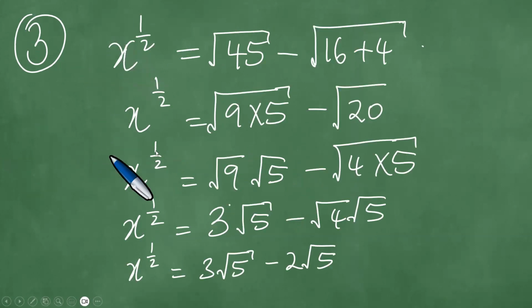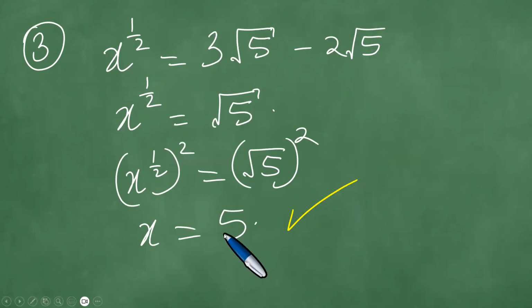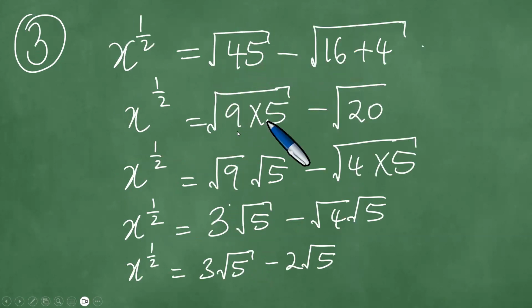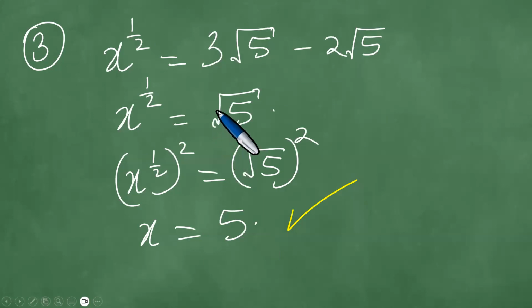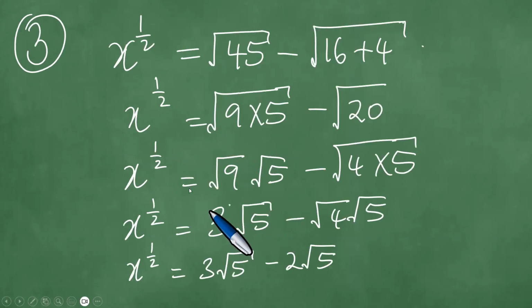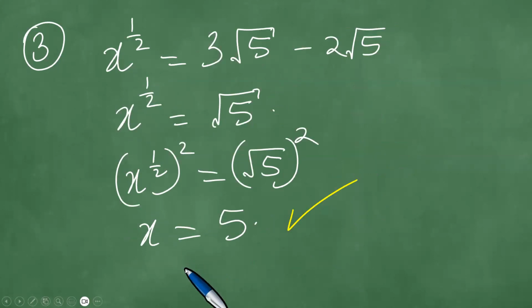We simplified the right-hand side, and we got the square root of 5. When we simplified all these radicals, we got the square root of 5. And now if you put 5 in the place of x, it becomes 5 to the power 1/2. And 5 to the power 1/2 is the square root of 5. And this is the square root of 5. Okay, and this is the answer.